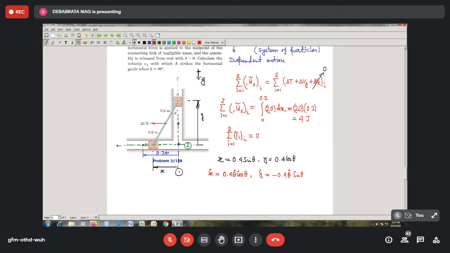That means this block is coming and hitting this. This end A is coming and hitting this with this velocity VA, at theta equal to 90 degree. That means it is at position 2. It is coming and hitting with this full velocity, because when theta is 90 degree, this becomes maximum.